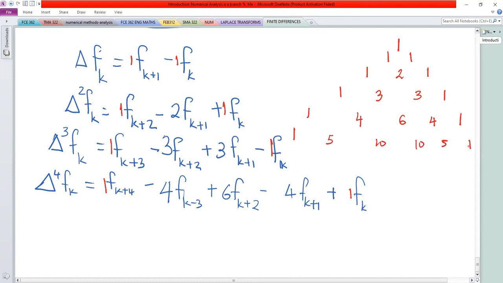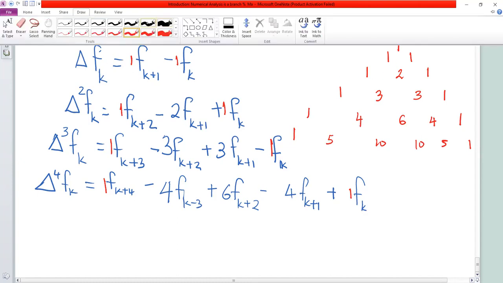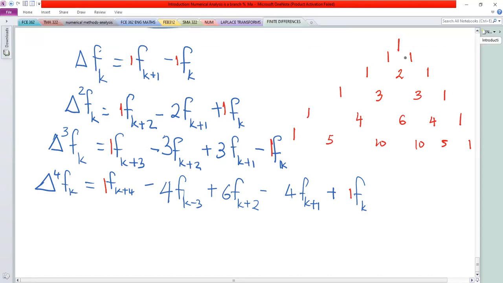by simply alternating the signs. So you see, when we have first forward, we have coefficient 1, 1, but the only difference is that the first is positive, the next one is negative. If we have second difference, we have coefficient 1, minus 2, and then positive 1. Third difference, we have positive 1, minus 3, positive 3, minus 1.